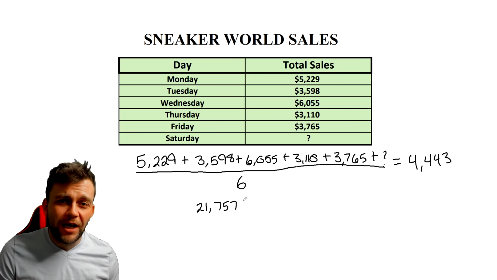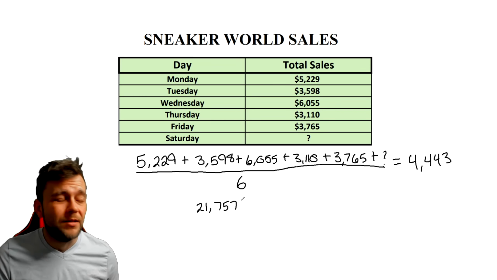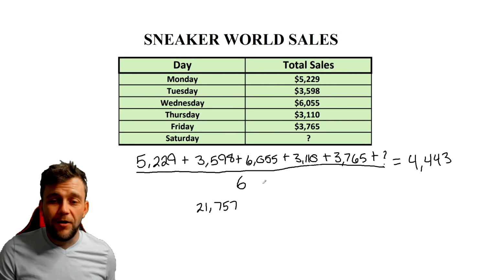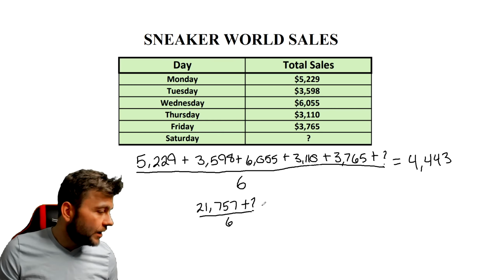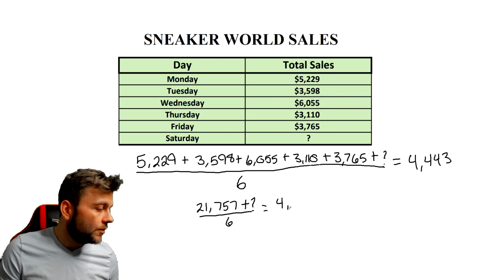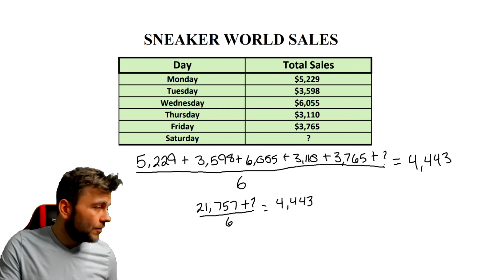You don't have to do it by hand unless your battery dies in your calculator while you're taking the test. But 21,757 plus the question mark, all divided by 6, and that equals 4,443.